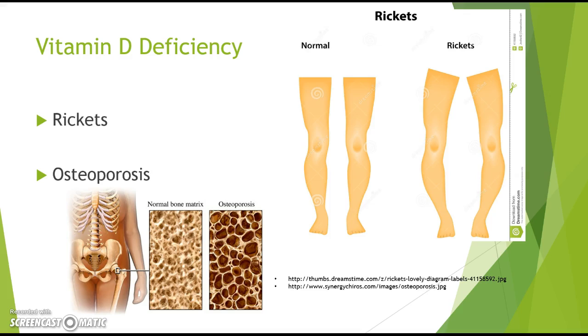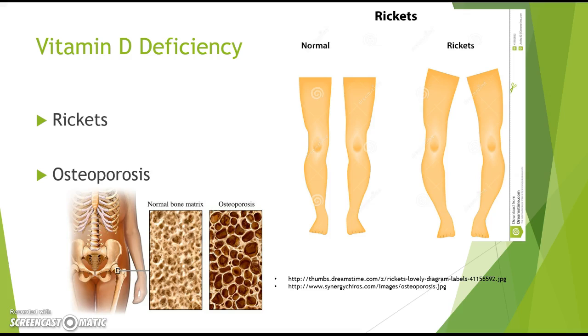Rickets is characterized by imperfect calcification, softening, or distortion of bones. It usually results in the bowing of the legs. The reason why is because we carry so much weight from our waist upwards that the legs just can't take that much stress, so they soften up a little bit and bow outwards to compensate for how much weight we have there.